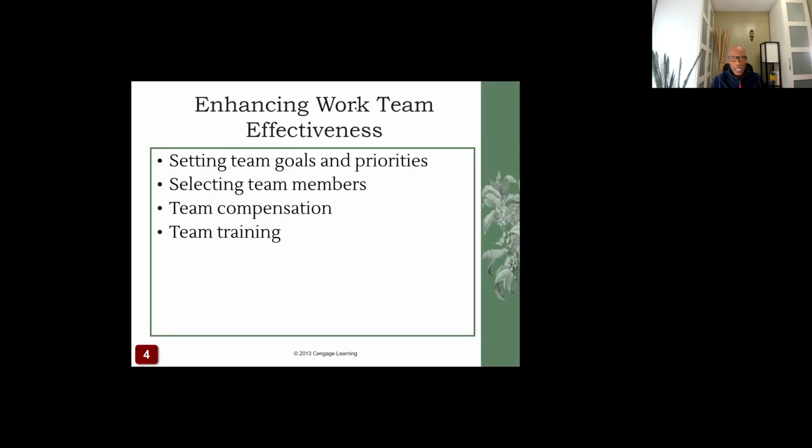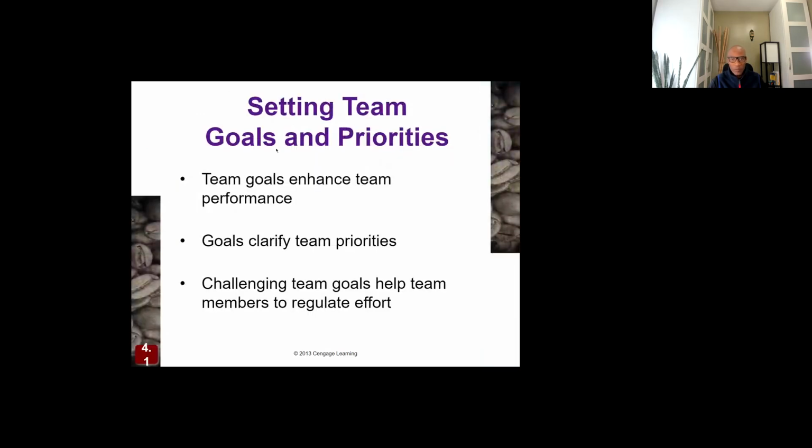So we think about enhancing work team effectiveness: setting team goals and priorities, selecting team members, team compensation, team training. So we're trying to think about these things in general. If we can get these four things right, we can have an effective work team environment.